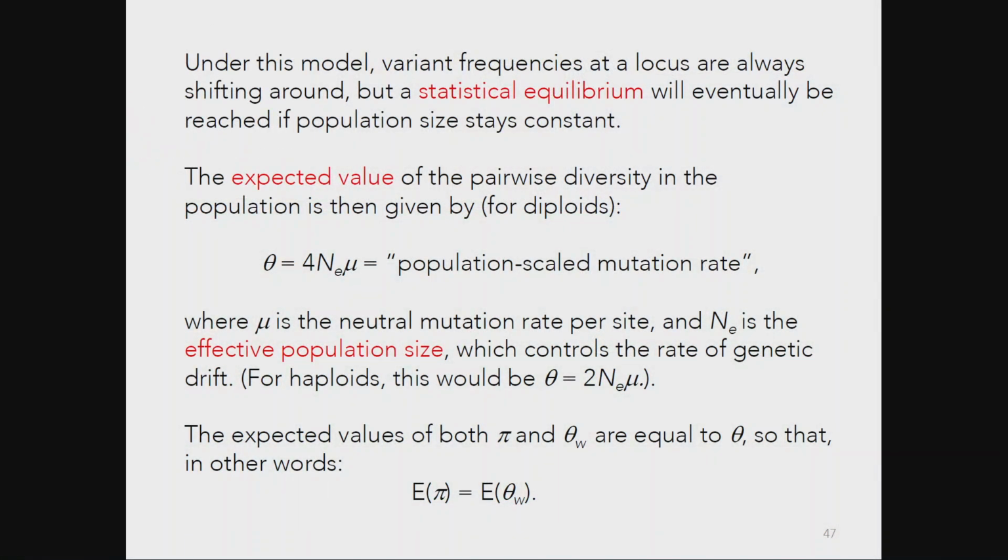But anyways, we use this symbol expectation, and under standard neutrality, expectation of pi equals the expectation of zeta Watterson. And so under this model, the variant frequencies at a locus are always shifting around, but we reach a statistical equilibrium under the assumption that the population size stays constant.